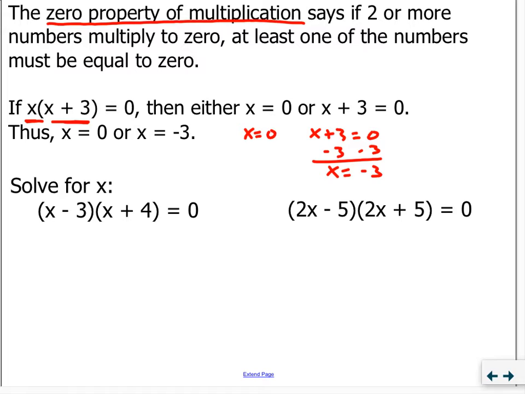Let's try this first one here. We're going to be solving for x, so let's set each of our factors equal to 0. Let's take that expression, set it to 0, and let's take that expression and set equal to 0. Now, solve those two equations for x.